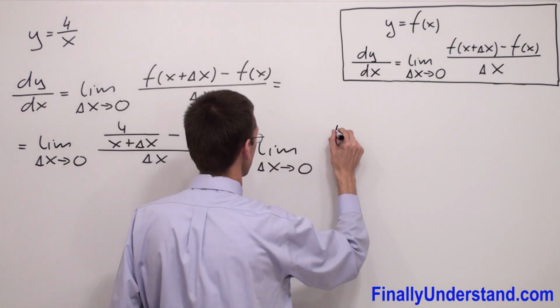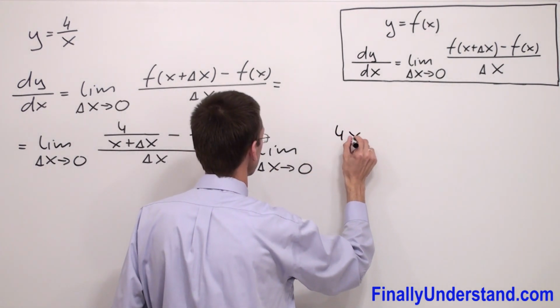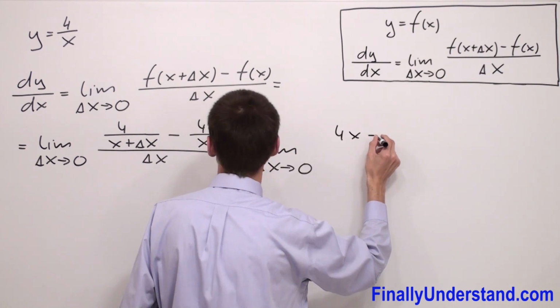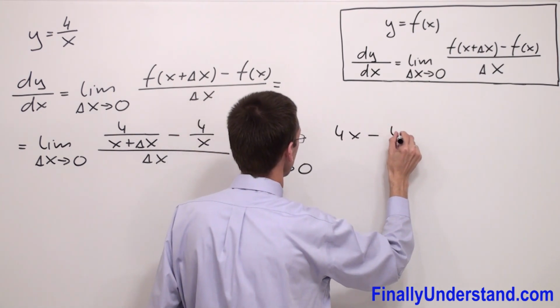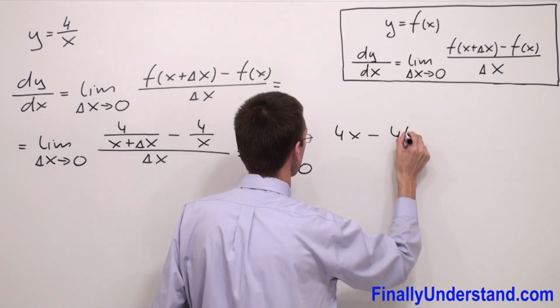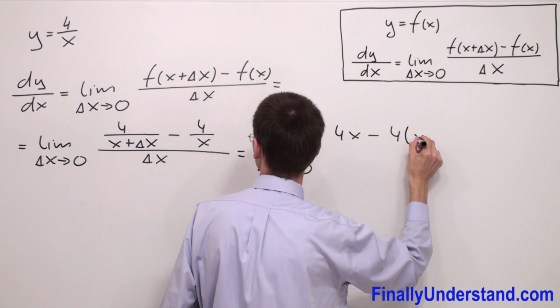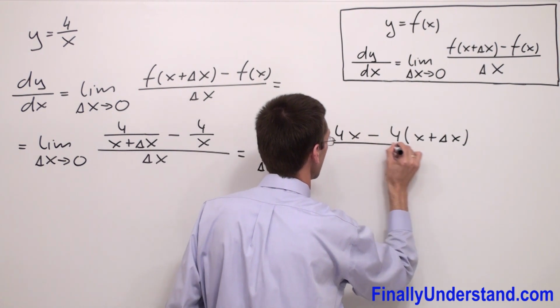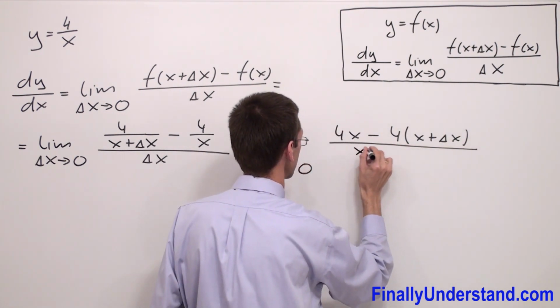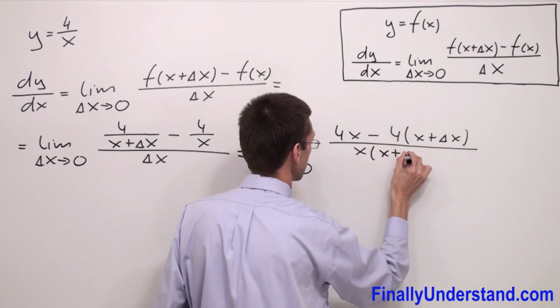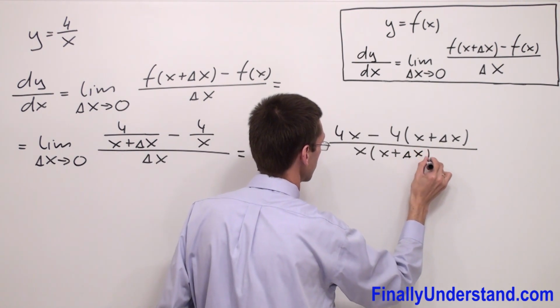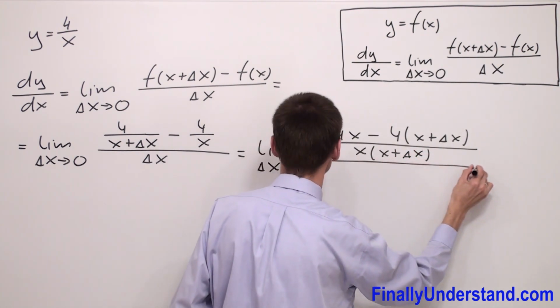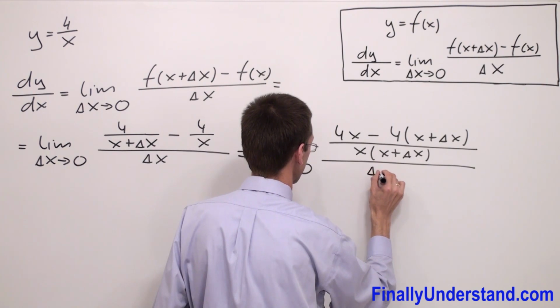So I'm going to have 4x minus 4 times x plus delta x, over x times x plus delta x, everything over delta x.